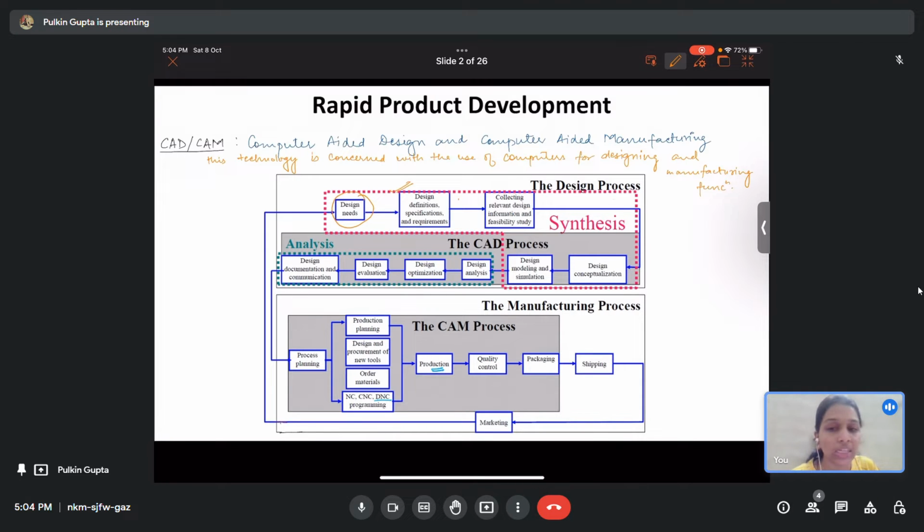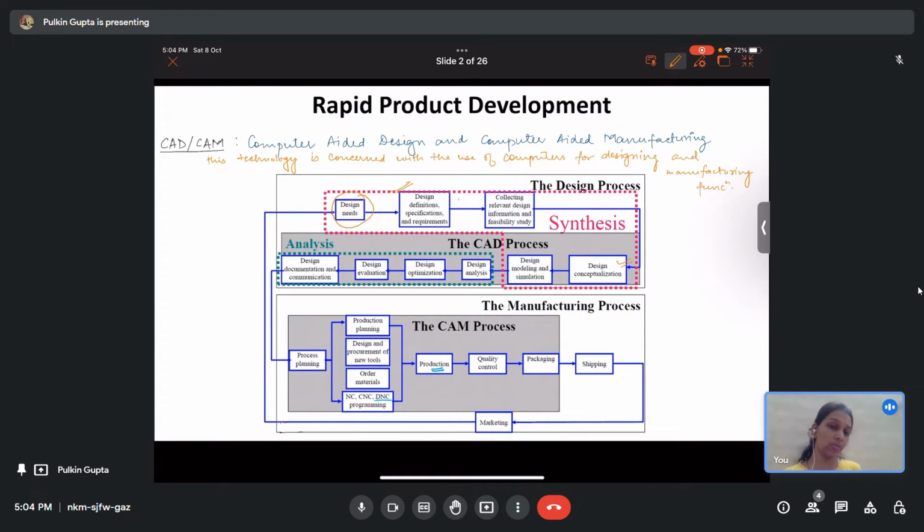Then all the specifications and requirements are collected, and relevant designs are developed based on them. Then this design is taken to the conceptualization stage.